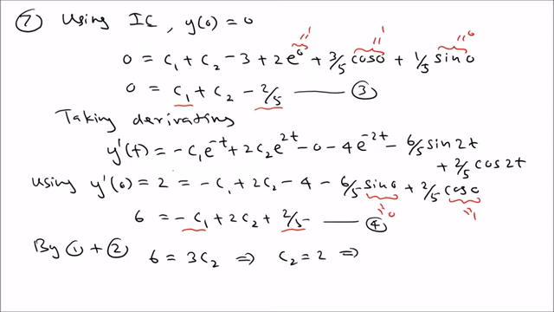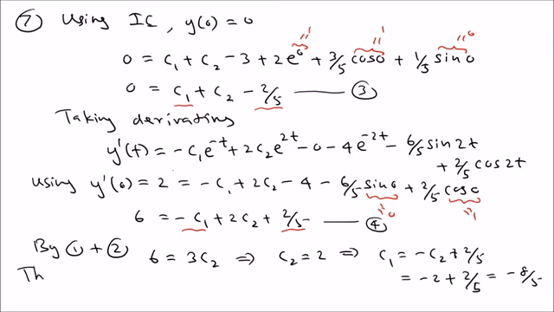And then you can use one of those equations. Let's say for c1, if you use the first equation, c1 equals negative c2 plus 2/5, and we can plug in, so it's negative 2 plus 2/5, which equals negative 8/5. So we get the solution.